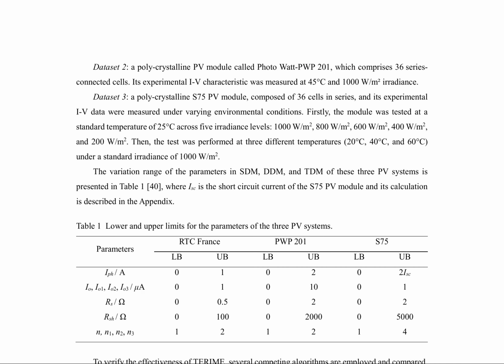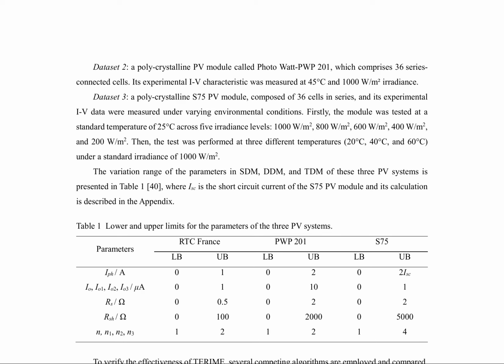The novel TERIME algorithm is proposed for parameter extraction of photovoltaic (PV) models, and its performance is compared to various state-of-the-art algorithms for PV parameter estimation, including RIME variants and other prominent methods.